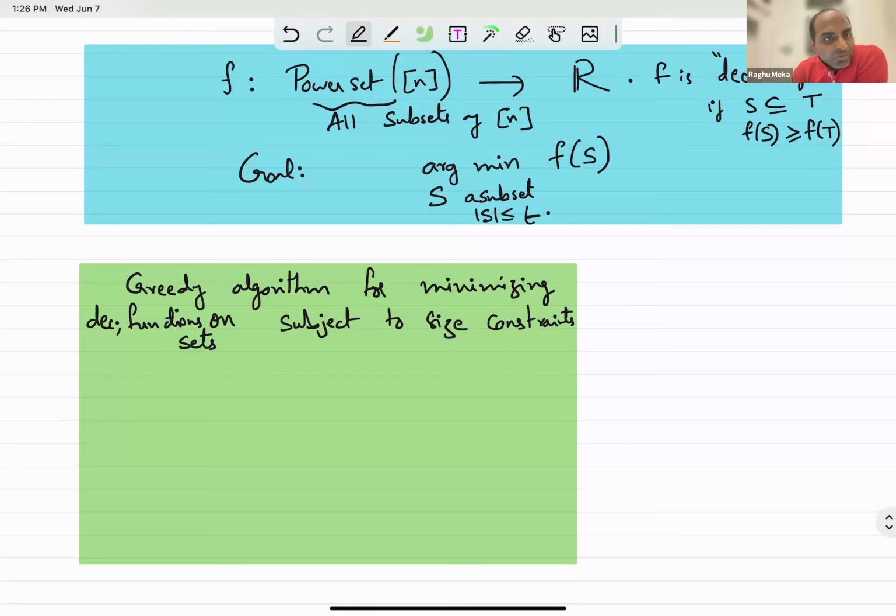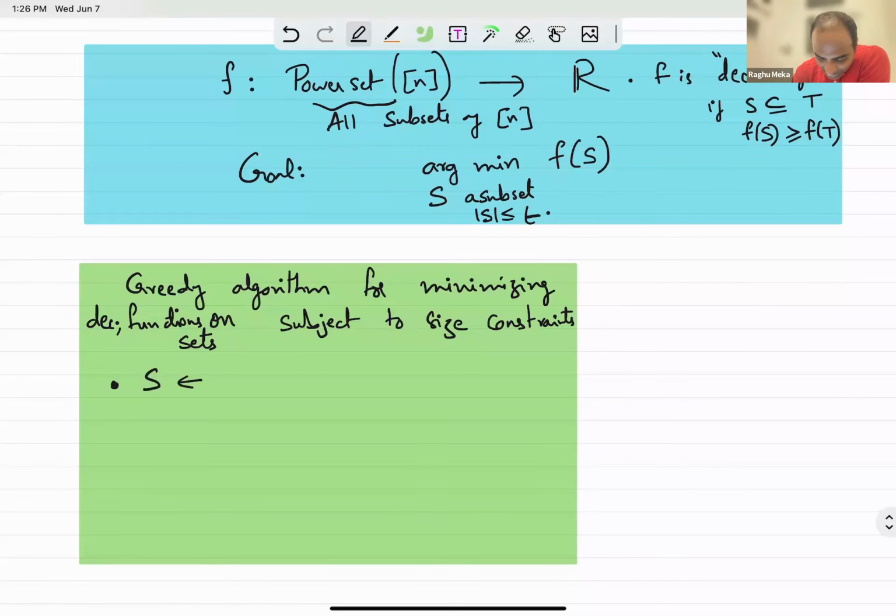So whether or not it works in general, anytime I have to minimize, I have a task which looks like this. I have a function on sets which is decreasing. As I add more elements, the value decreases, and I need to add the fewest number of elements. Okay. What can I do?